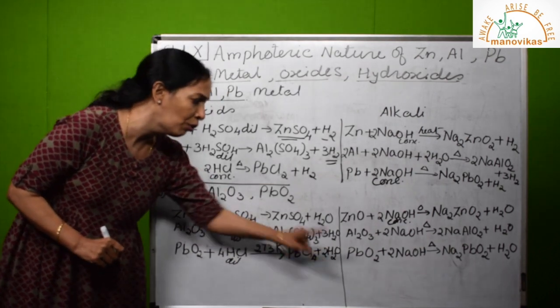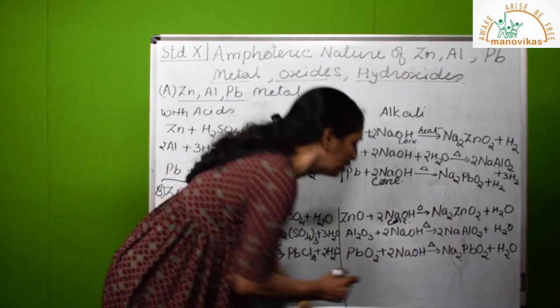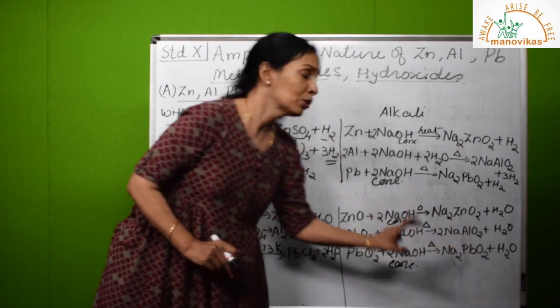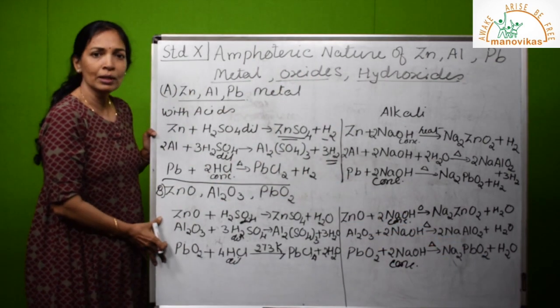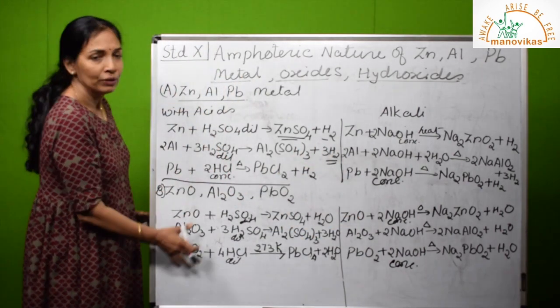So salt and water. PbO2 with alkali, concentrated NaOH on heating, gives sodium plumbate and water. So it is giving salt and water with acid as well as alkali. So this is the amphoteric nature of these oxides.